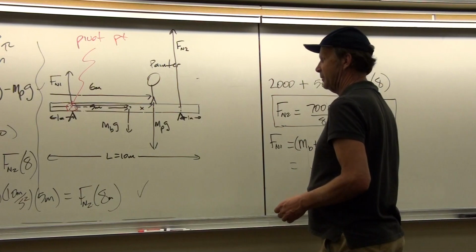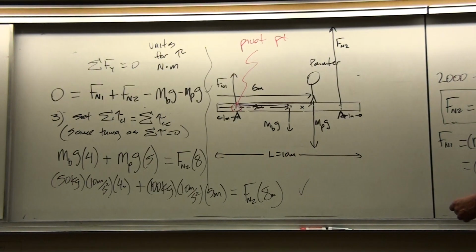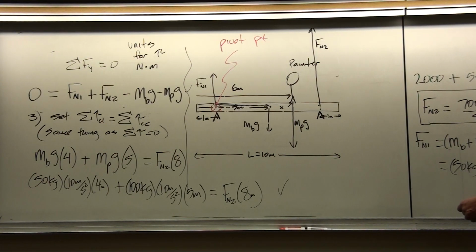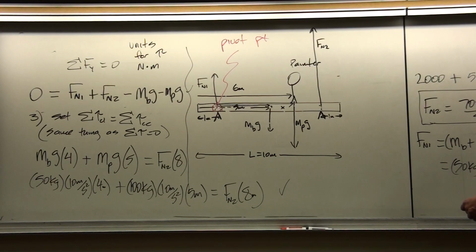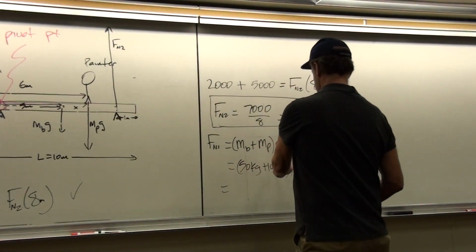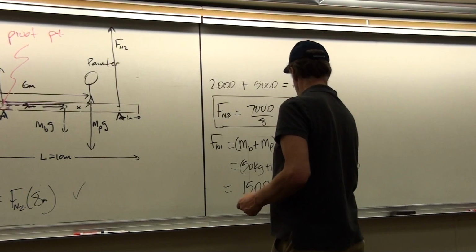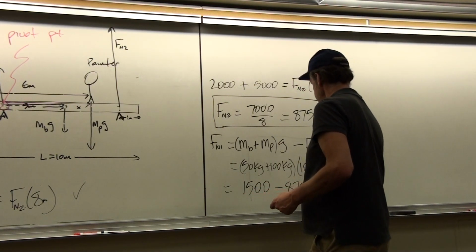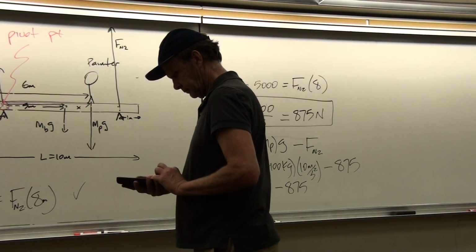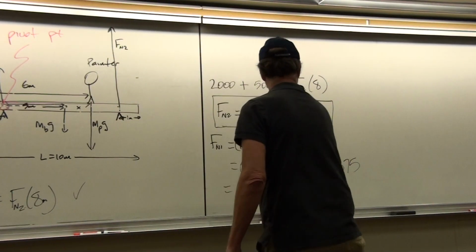So here we have mass of the beam, that's 50 kilograms, plus mass of the painter, it's 100, times G, 10 meters per second squared, minus 875. Okay, so this would be 150 times 10 is 1,500 minus 875. And so that gives us 625 for F normal 1.